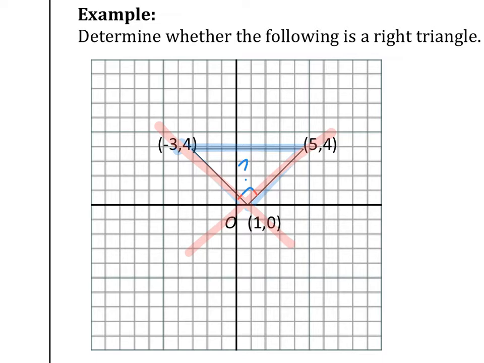Know your right triangles, but what do you need to know? Those are the only ways I can think of, unless you guys can come up with something else that's more clever. Yes? Rectangle? Draw a rectangle.